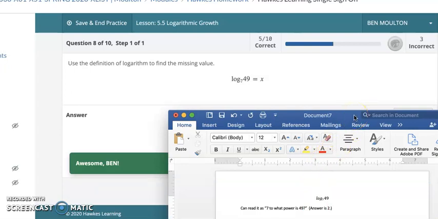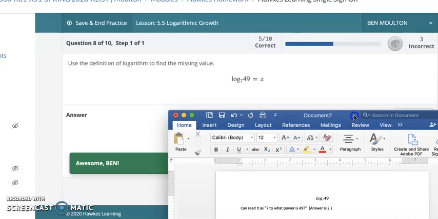It doesn't always work that way, though. What if it's like 7 to the 49 to the negative 1 power, something weird like that.